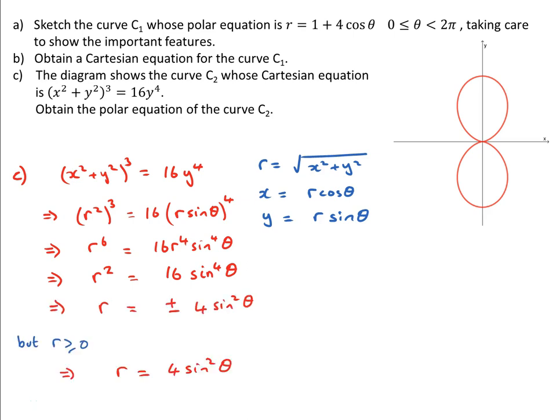Which means that r must be plus or minus 4 sine squared theta. But we know that r has got to be greater than or equal to 0. We know that sine squared theta certainly is positive or 0. So we can ignore the negative option. So we've got r is 4 sine squared theta.